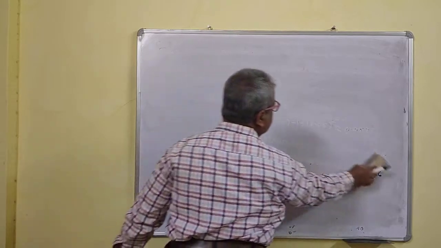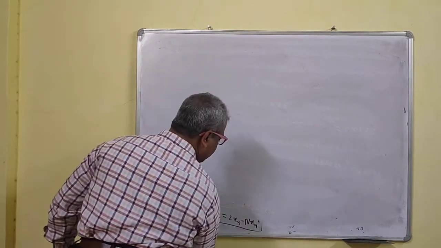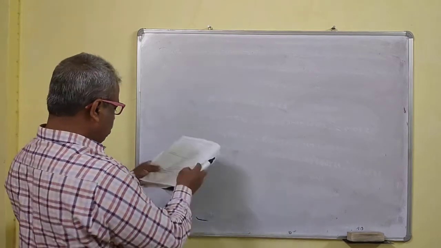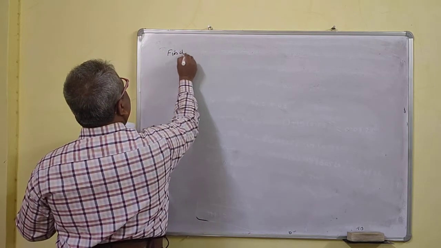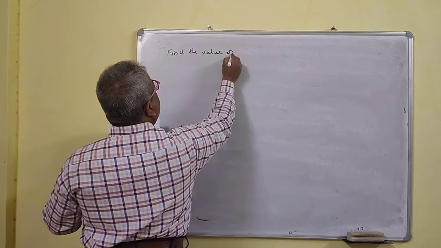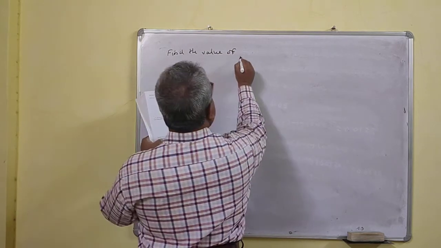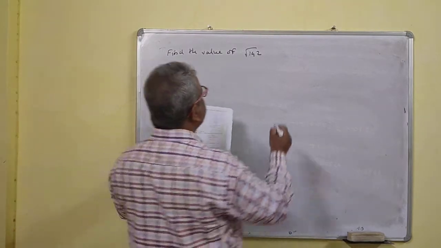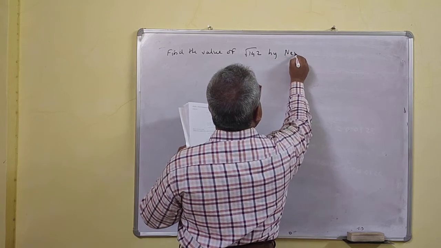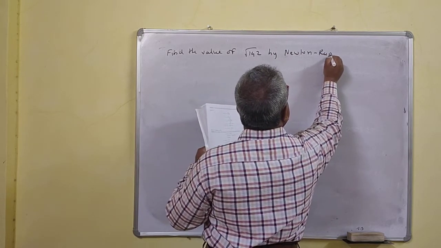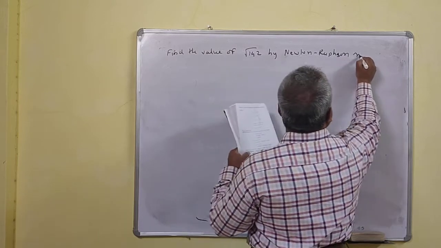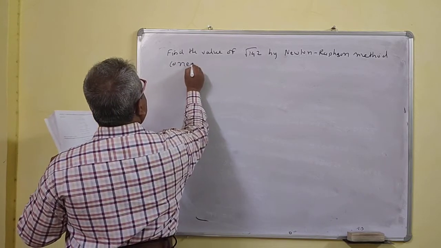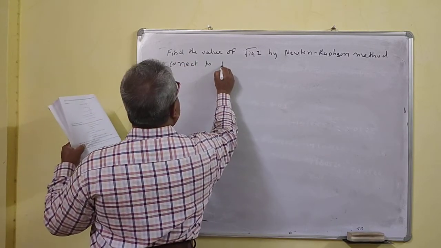So here we need the function now. For the Newton-Raphson method, we need the function. Now see the next problem. Find the value of the cube root of 142 by Newton-Raphson method, correct to 4 decimal places.